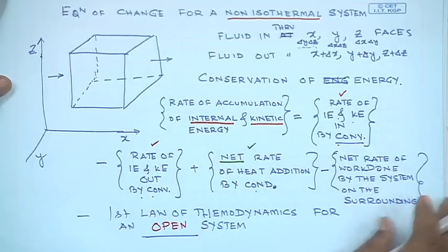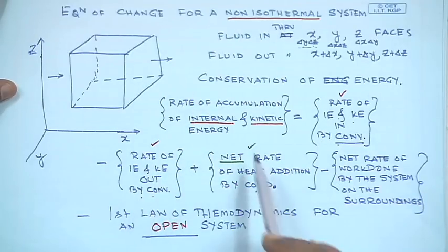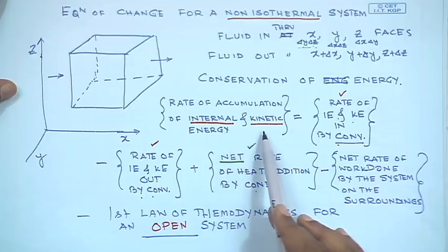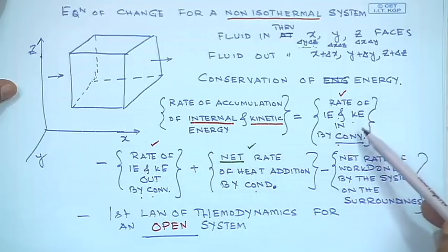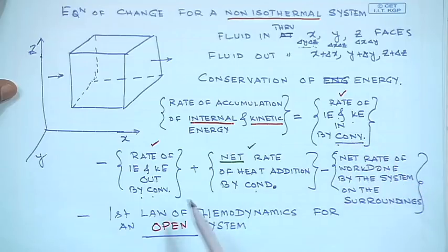So, we started with the analysis of the first law of thermodynamics for an open system using the figure that I have drawn over here. So, rate of accumulation of internal and kinetic energy must be equal to the rate of internal and kinetic energy in by convection, out by convection, net rate of heat addition by conduction, and net rate of work done by the system on the surroundings.